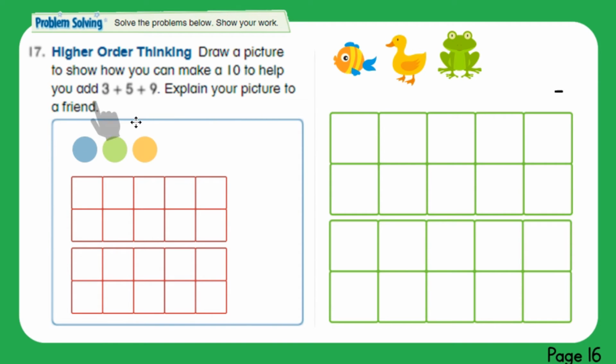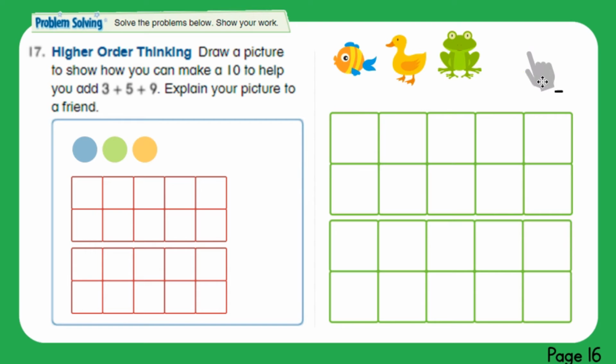Explain your picture to a friend. What am I going to do? We are going to draw a picture to show how you can make a 10 to help. We need to add 3 plus 5 plus 9. What are we supposed to add? 3 plus 5 plus 9. But we have to use 10 frames to make a 10 to help us add this. Then we are going to explain this to a friend.